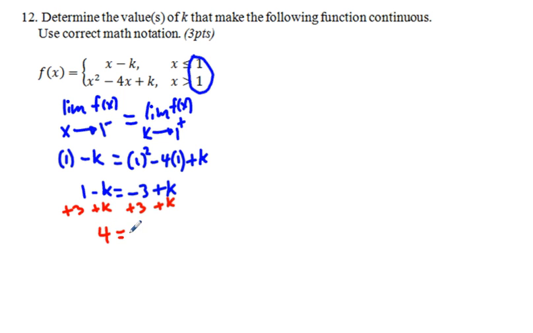On the right side we have k plus k, which is 2k, and so k is equal to 2. So that's going to be the value of k that will make our function continuous. No, it's not a plus or minus, it's just one value.